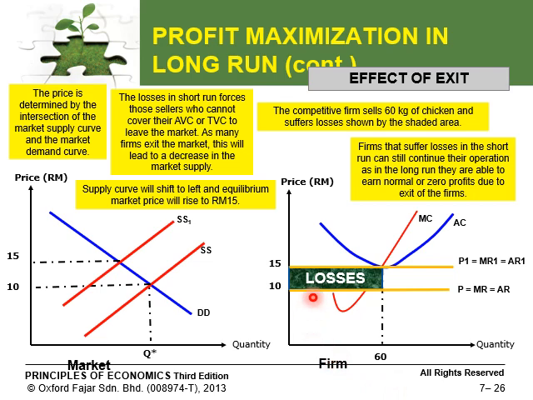So how about the firm graph? Because of the increased price from 10 ringgit to 15 ringgit due to the decrease in supply, because a lot of firms in the market exit, the amount of losses changes. Originally the firm itself was having losses. Why?